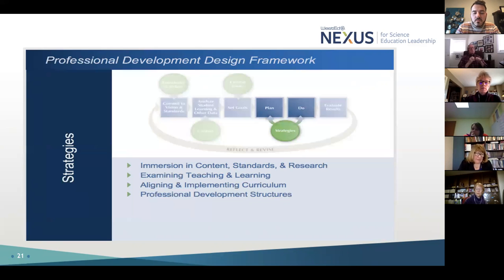And finally, we identify different professional development structures that can be used in a variety of ways, which include study groups and PLCs and professional networks that can help you also to put together your design. So a variety of different strategies for different purposes must be a part of the overall design.